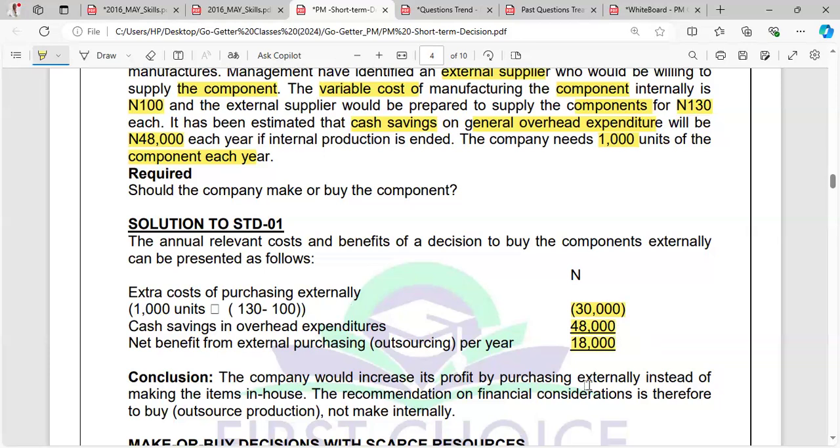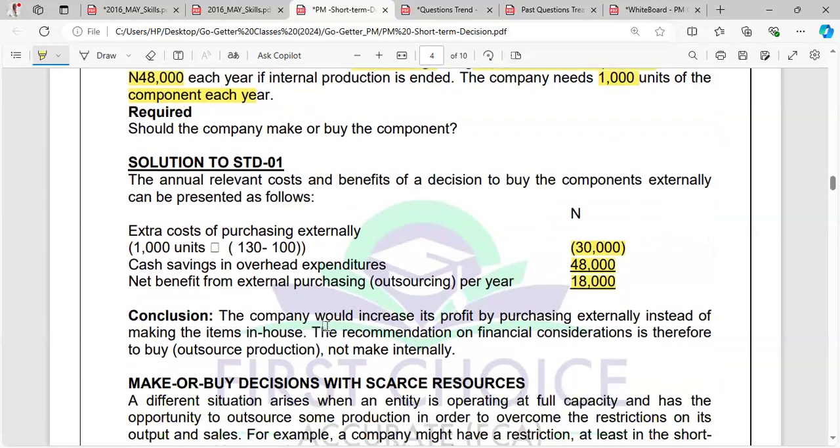What's the conclusion? The company would increase its profit by purchasing externally instead of making the items in-house. So the recommendation on financial consideration is therefore to buy or outsource, not to make it internally.